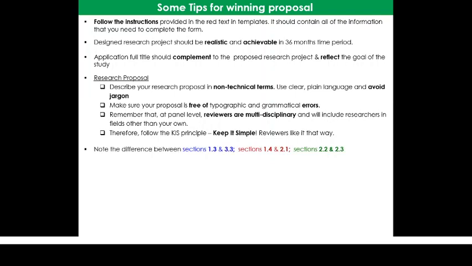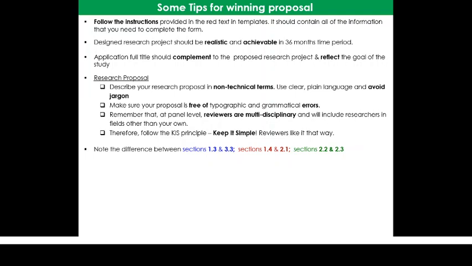Now, the important thing is please note the difference between sections 1.3 and 3.3, sections 1.4 and 2.4, and sections 2.2 and 2.3. So, in sections 1.3 and 3.3, what's the difference?